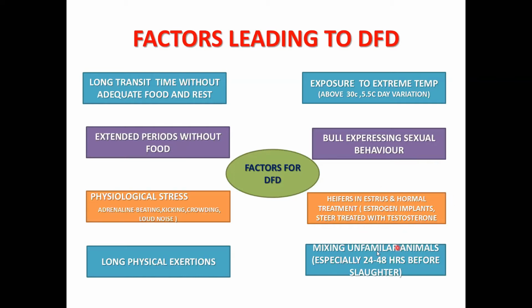And the last is the mixing of unfamiliar animals, especially 24 to 48 hours before slaughter, which can also lead to dark cutters. So these are the main factors which can lead to the DFT condition. In all, I can say the long duration of stress before slaughter can lead to DFT conditions.